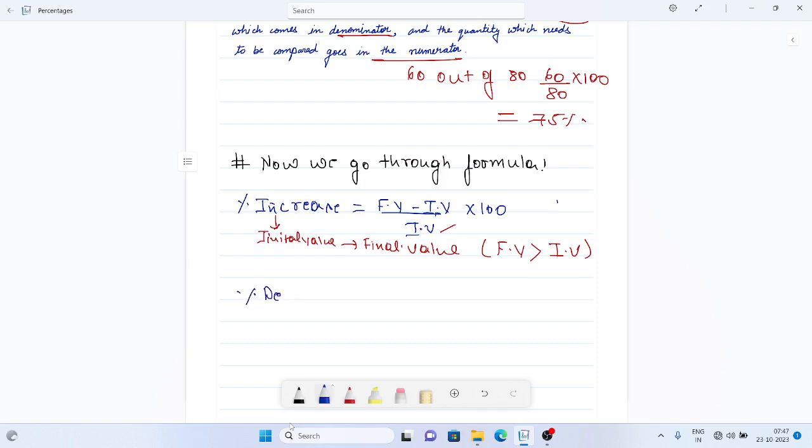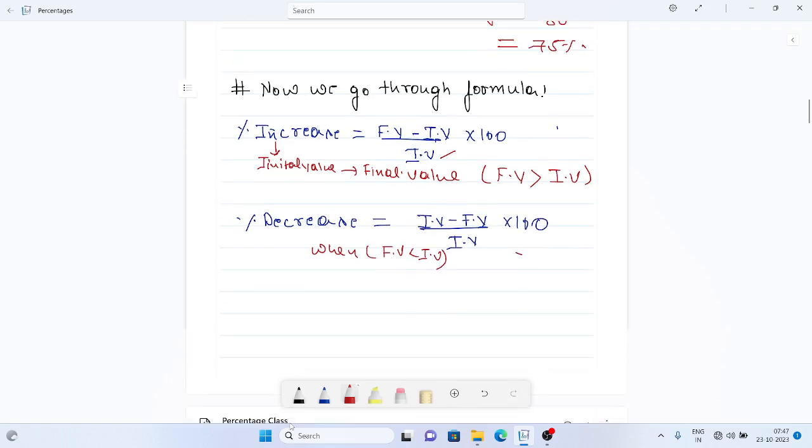Similarly for percentage decrease, either you remember the formula initial value minus final value upon initial value into 100, or you use the same formula as above. Here the final value is less than the initial value, so the result is negative. If a negative sign comes, then you say it is a percentage decrease, if you want to remember only one formula.